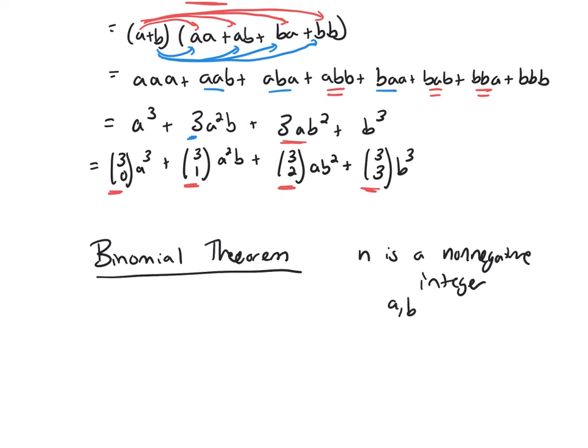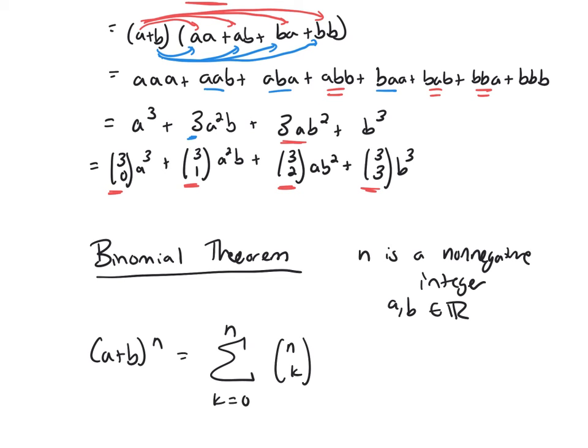A and b are real numbers. And then the formula says a plus b to the n is the summation from k equals 0 to n of the coefficient n choose k, a to the n minus k, b to the k.